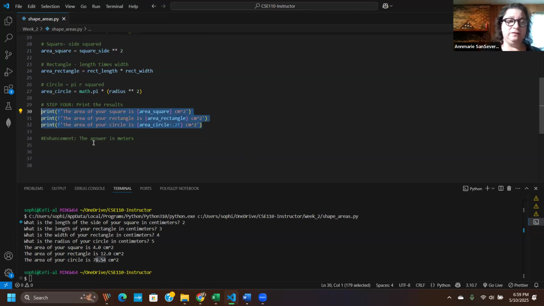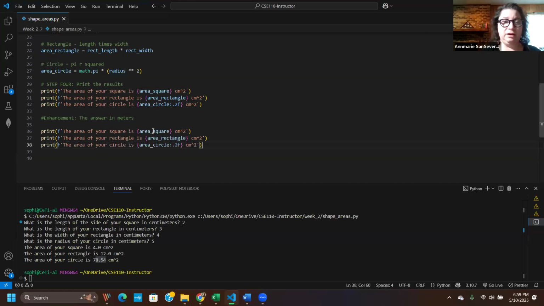So I'm going to copy these print statements, and I'm going to take each area, and then I'm going to divide it by 10,000. And remember, we do not put commas in computer programming. There are libraries that allow us to do some formatting, but I'm not worried about this yet.